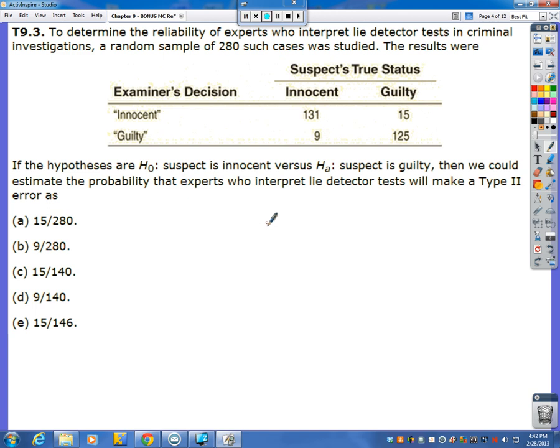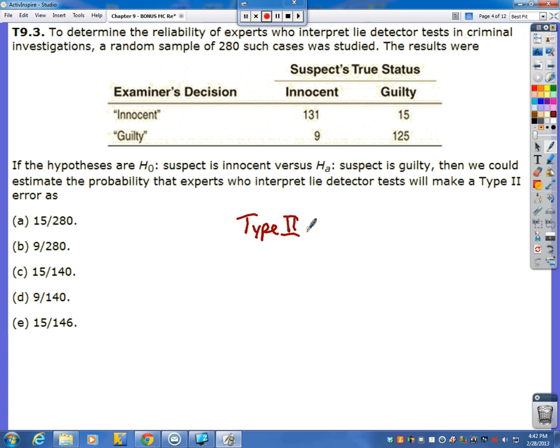Now we haven't really seen a problem like this before. I wouldn't anticipate such a question being on the test, but for those maybe considering the AP exam, this would definitely be a type of question you might see on the multiple choice. So let's go through it. It's not going to take too long here.